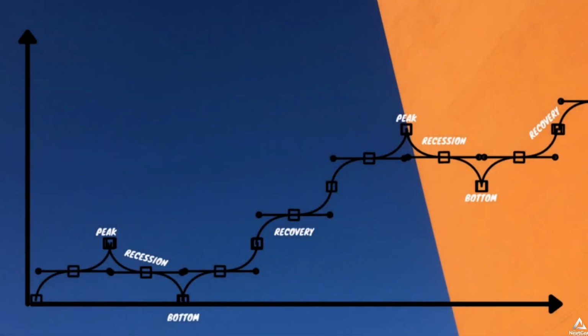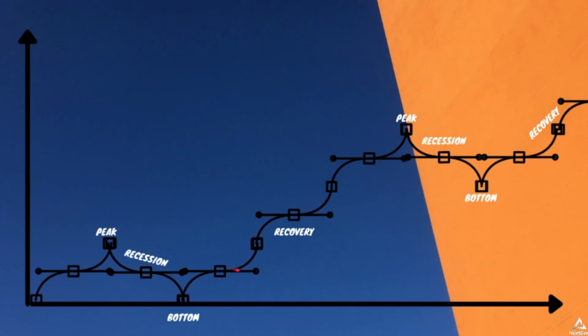So here's a basic example of what a market cycle would look like. Starting from the bottom left, here we might see prices rise and hit a peak as seen here. And then we might see a decline in prices, or a recession in prices, falling down to a bottom.